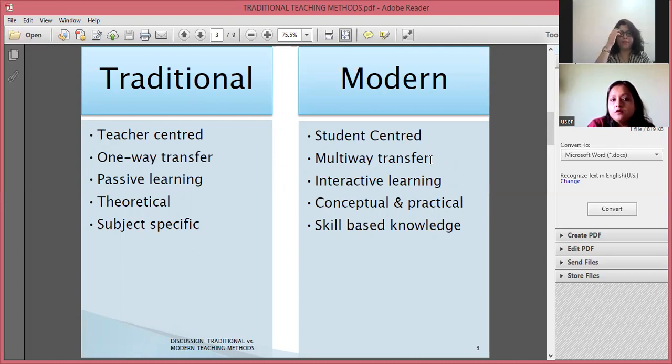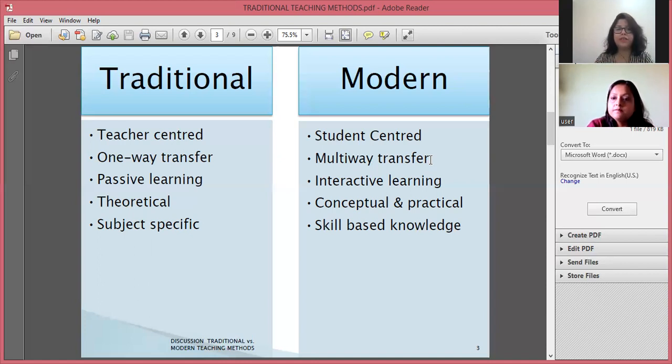Number two, the traditional method is one-way transfer, and the modern method is multi-way transfer, because the teacher and students interact, and they also interact with each other. So the communication is multi-way.